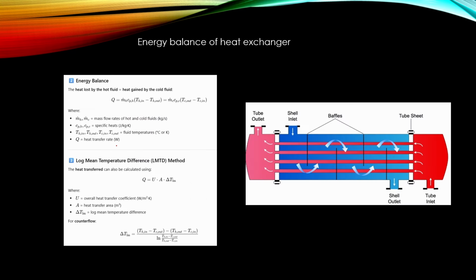For this kind of heat exchanger we can calculate the heat transfer rate from this hot fluid. When we know this mass flow of hot fluid and its specific heat capacity and temperature difference between inlet and outlet, we can calculate heat transfer, and if we have very good insulation around this heat exchanger, so no heat is escaping to environment, it means that this heat transfer from hot fluid is increasing the temperature of cold fluid.